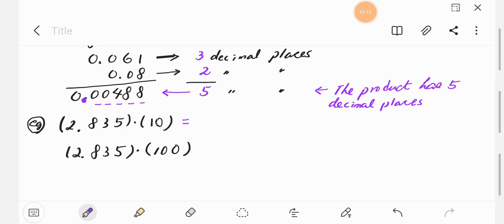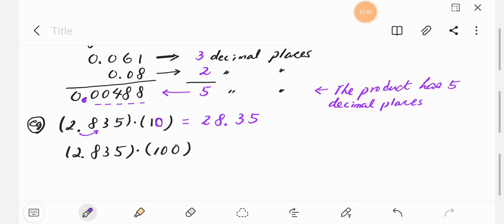Okay, if it is multiplied by 10, 10 has 1 zero, right? That means you move the decimal 1 place to the right because you want to make this 2.835 larger. How large? 1 decimal place. So the result will be 28.35.